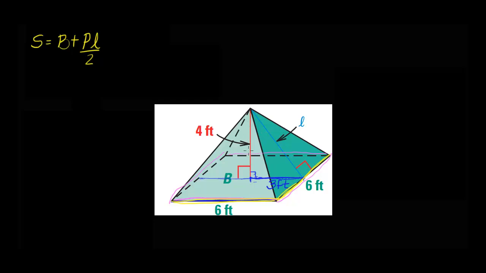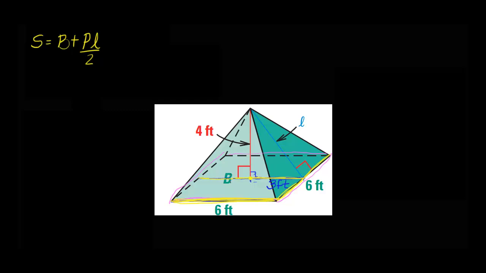If this is the height, notice the height is perpendicular to the base, and it reaches the center of the base right there, right at the center, the yellow dot. Now, if this side measures 6, that means that this segment that goes across the parallelogram is also 6.